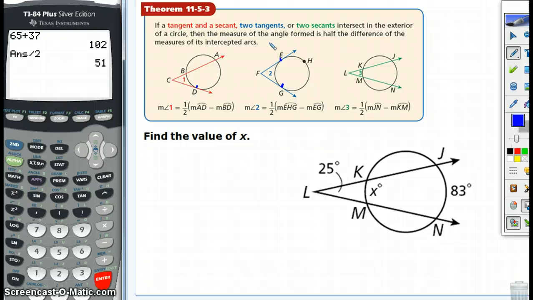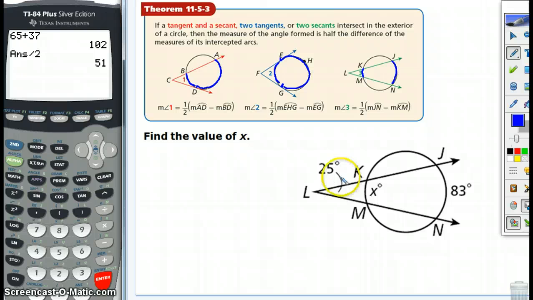So in this case, it's 1/2 of that minus that. Or here, in the case of two tangents, it's 1/2 of this minus that. Or in this case, it is 1/2 of that minus that. But the key thing to remember here is it's half the difference of the measure of its intercepted arcs.